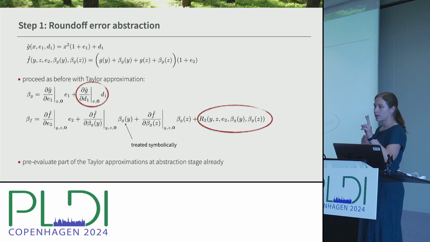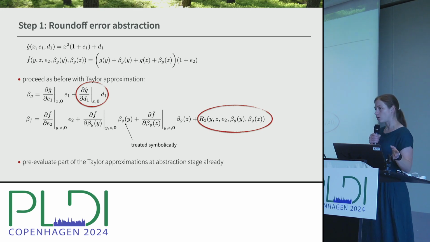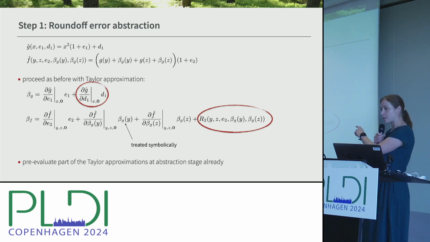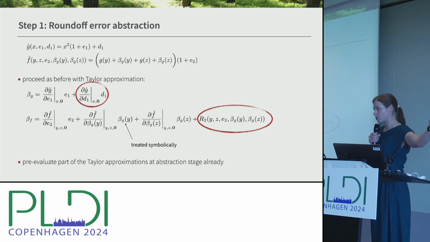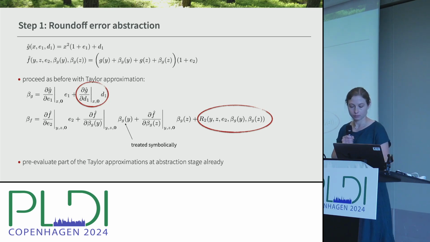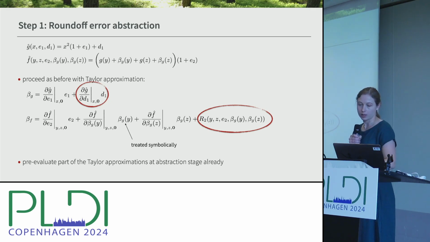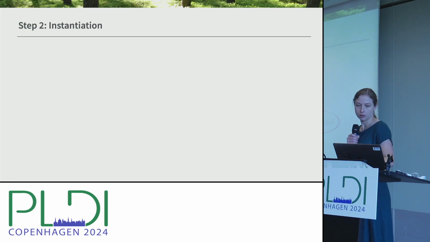And then here comes the abstraction part. We realize that some of these terms are actually typically very small because, for example, the errors due to denormal numbers are typically small as well. So we pre-compute them at this point using the full range, which does a bit of an over-approximation, but it's typically fairly small. So part of the derivatives remain symbolic, and part of them we pre-compute at this point.